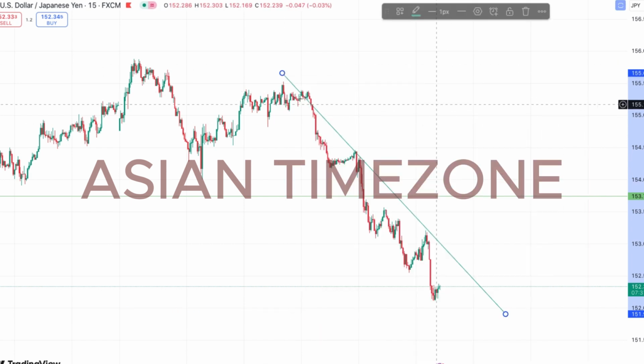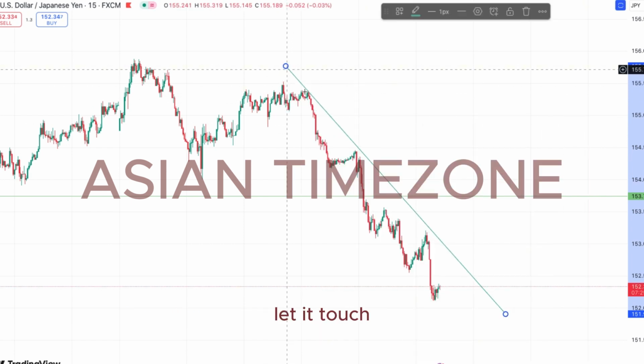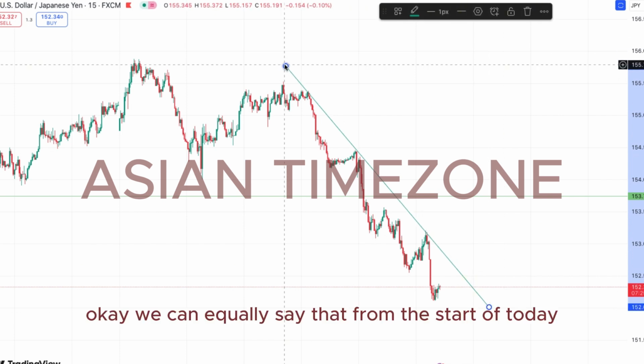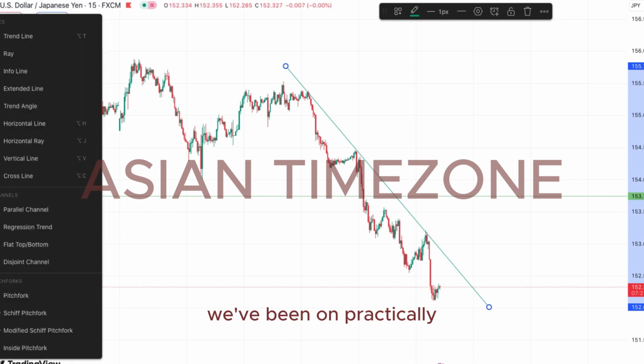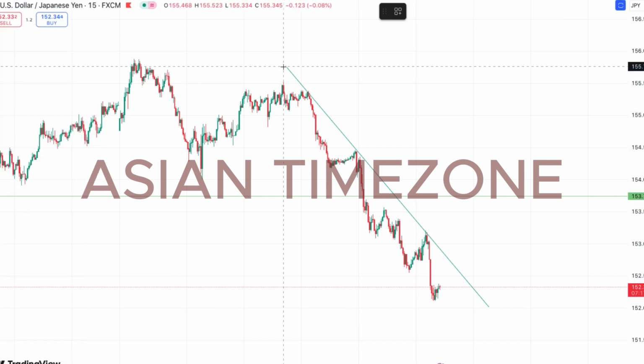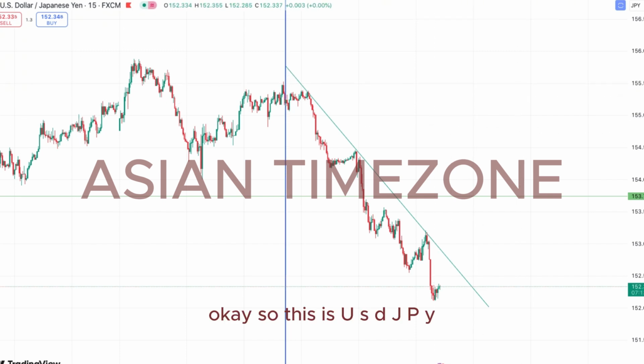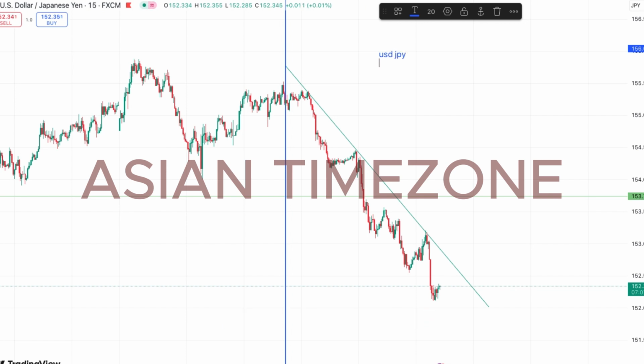Just have to let it touch. Okay, we can equally say that from the start of today, we've been on practically a downtrend. Okay, so this is USDJPY, from 12 a.m.